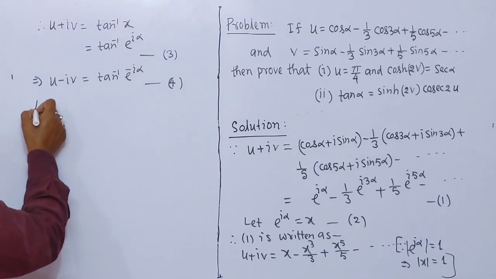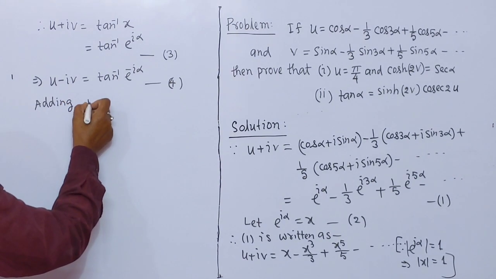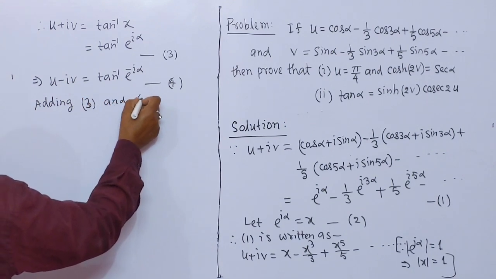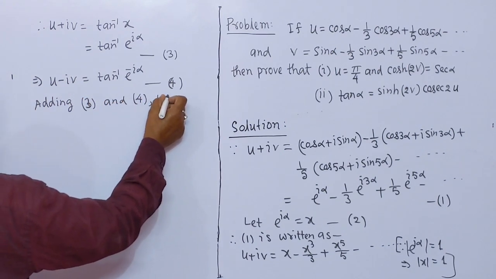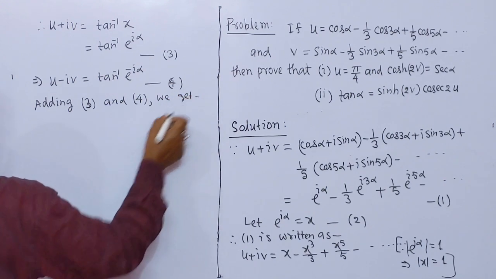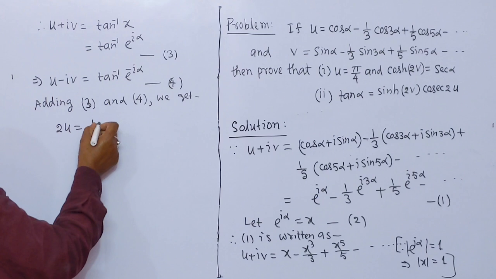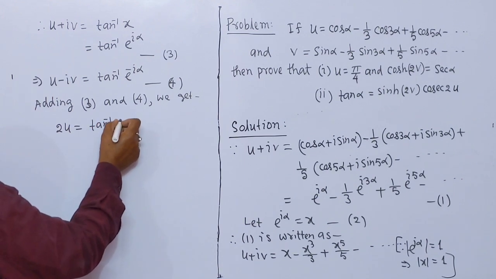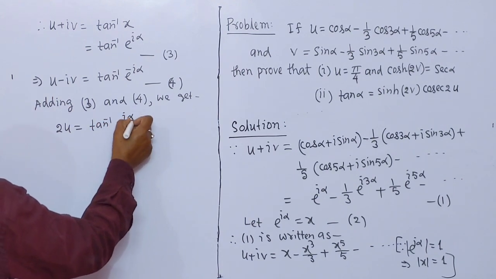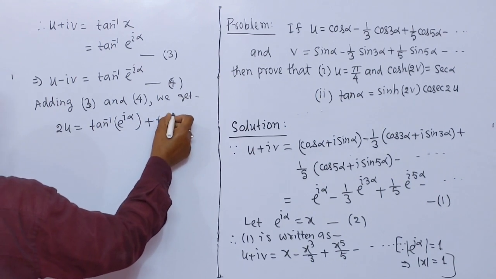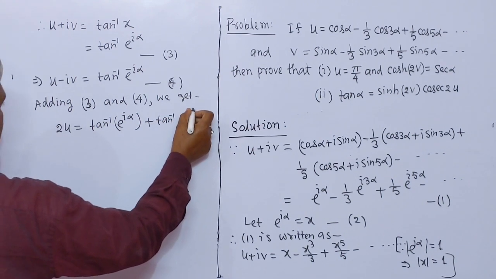Adding 3 and 4, we get 2u equal to tan inverse e to the power i alpha plus tan inverse e to the power minus i alpha.